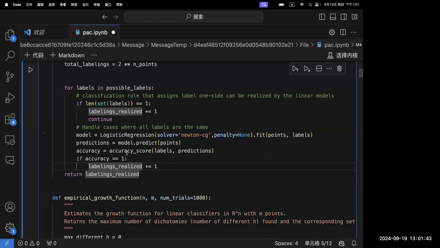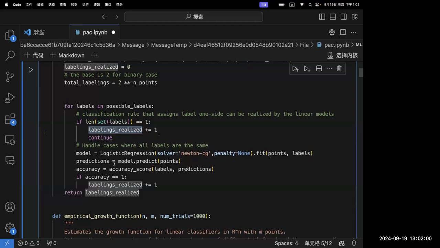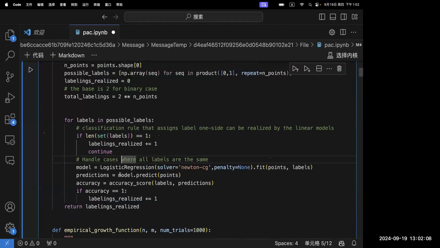If we only have one possible label, it goes without saying that it can naturally be realized by all the linear models, so we directly return 1 here. If we have more than one label, we fit a logistic regression model to predict whether we can realize this specific classification.